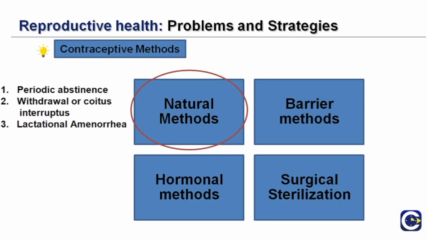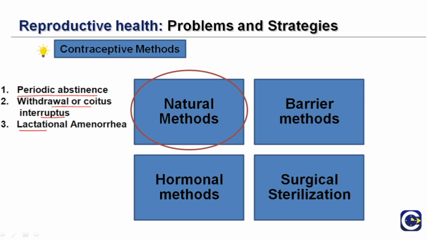So to summarize the natural methods, the first one that we saw was periodic abstinence, during which a couple should abstain from having sex from day 10 to day 17, which is the active ovulatory phase. The second one is withdrawal or coitus interruptus, where the man should withdraw the penis from the vagina immediately before the ejaculation takes place, so that the sperms are not ejaculated in the vagina.